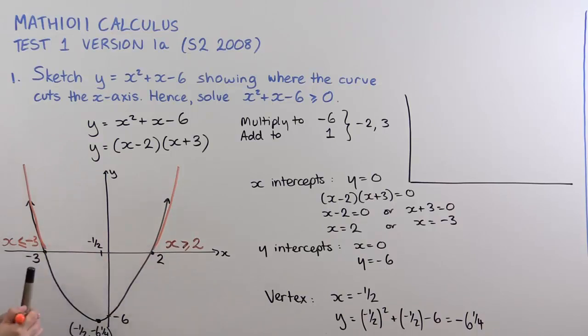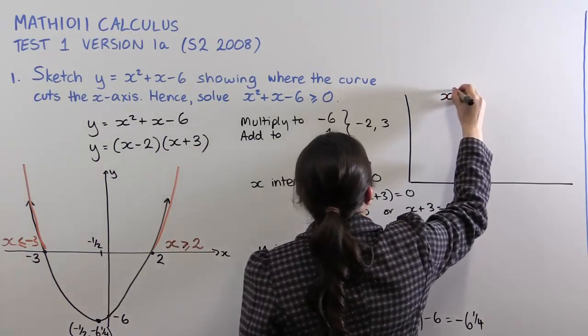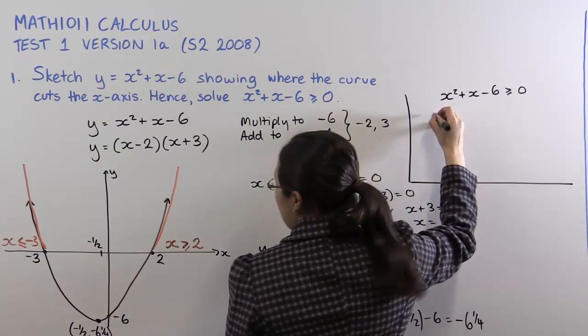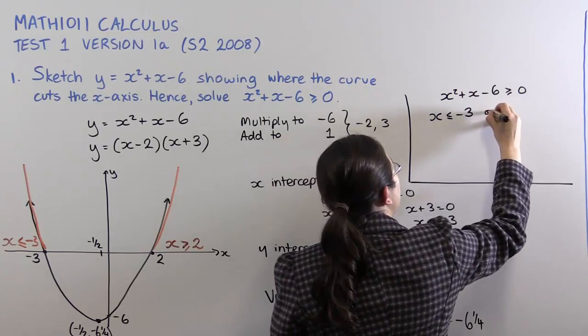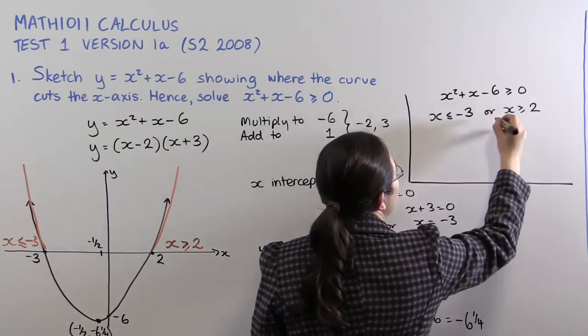Okay, so let's write that as a solution. Just over on the side here. So x squared plus x minus 6 is greater or equal to 0 when x is less than or equal to minus 3 or x is bigger or equal to 2. That's from the graph.